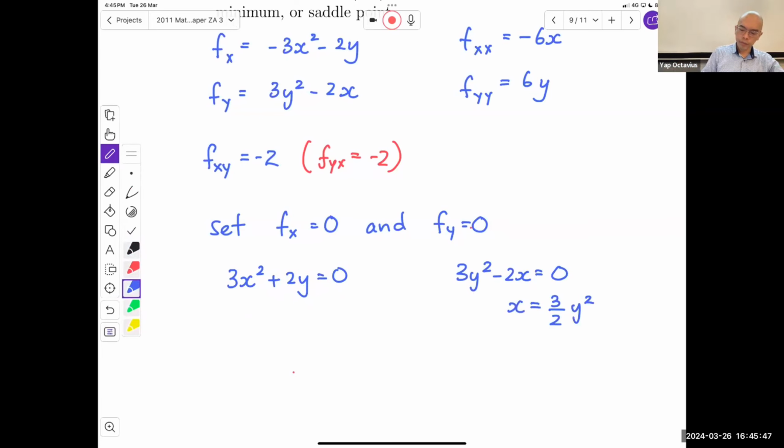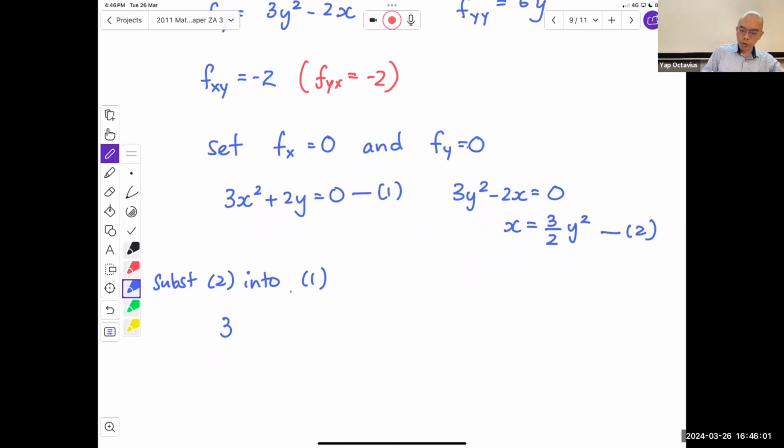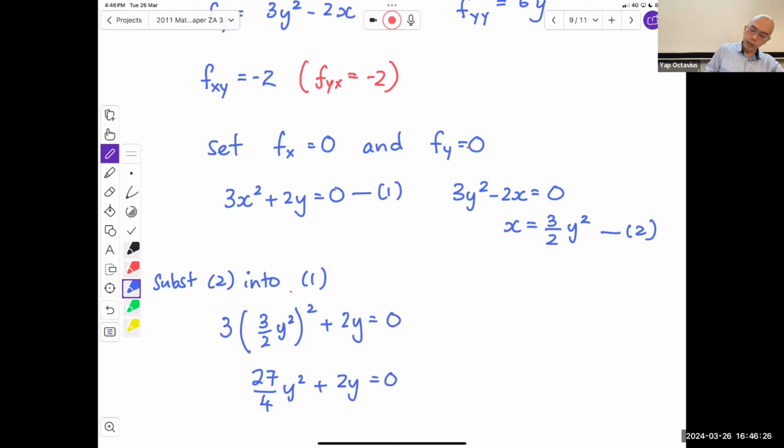Okay, so equation 1, equation 2. So sub 2 into 1. When you sub 2 into 1, you get 3. Just be careful, this one needs to be squared. Earlier on when I did the question, I also forgot to square. So you get 27 over 4 y squared plus 2y equals to 0.